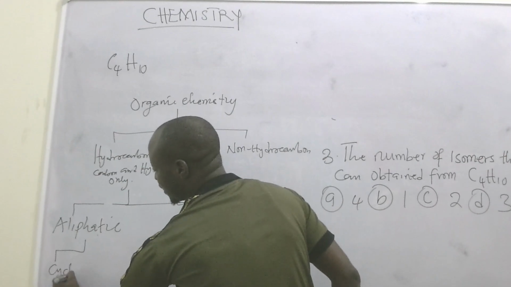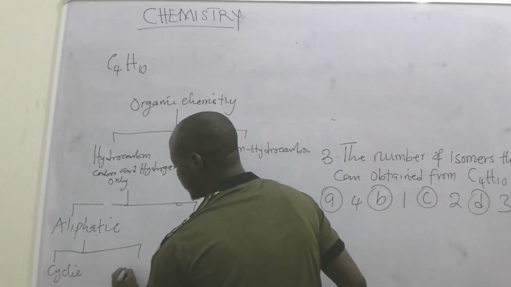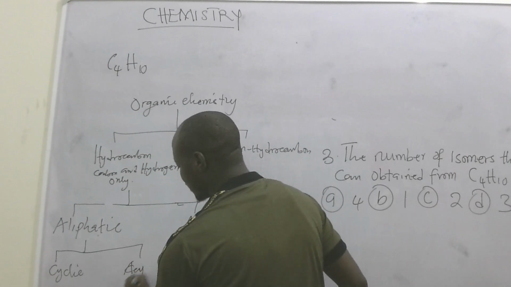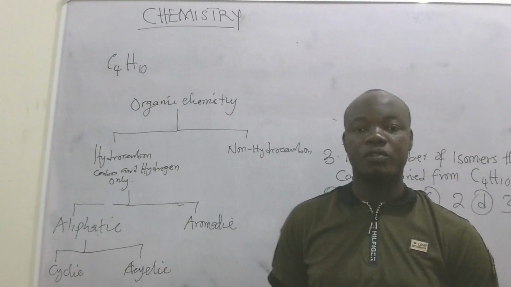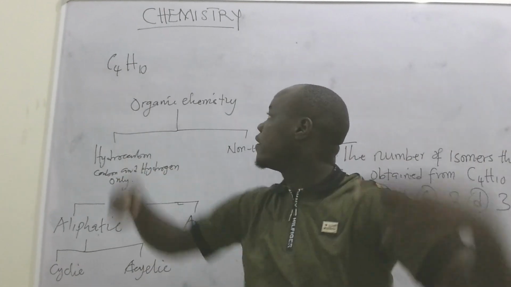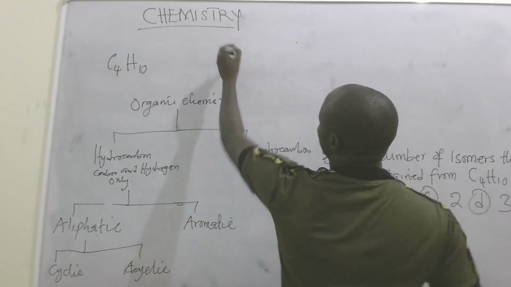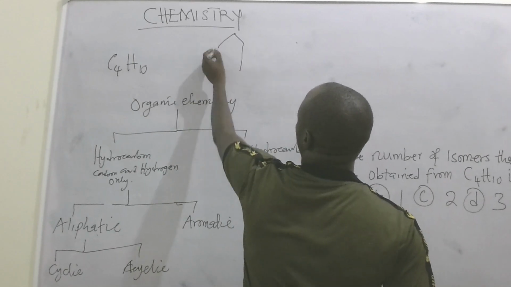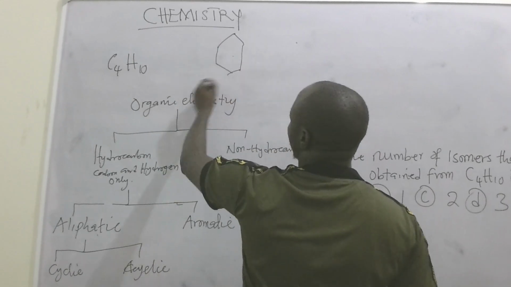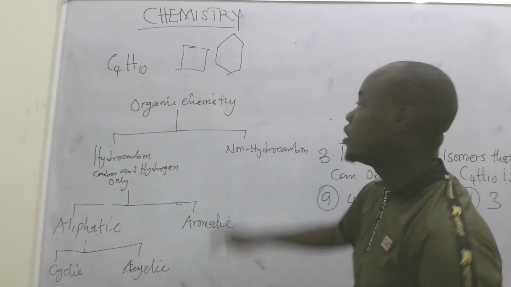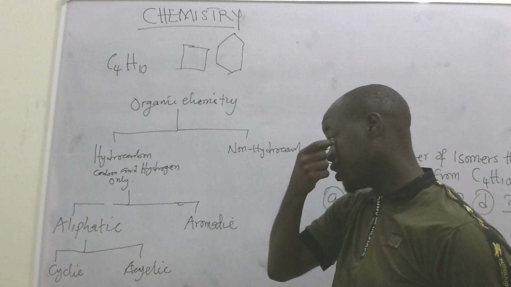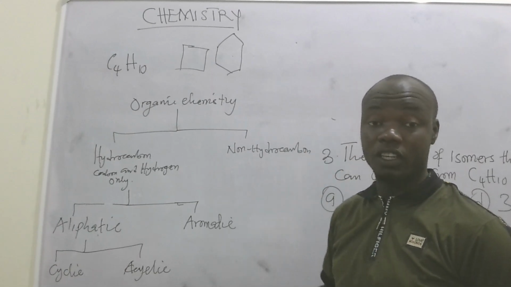We have cyclic and acyclic. When it's cyclic, it means they are compounds that are in ring form. You can produce something like this, for example, this is cyclohexane, cyclobutane. All these are examples of cyclic aliphatic hydrocarbon.